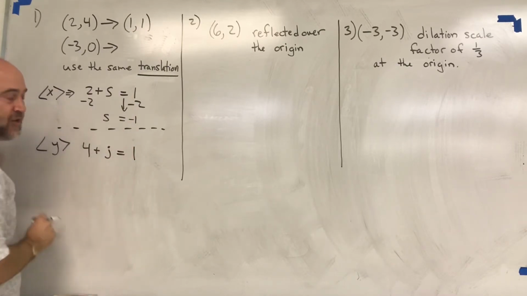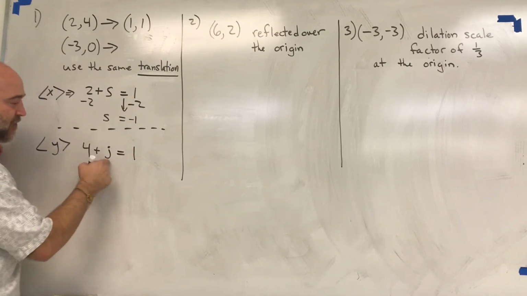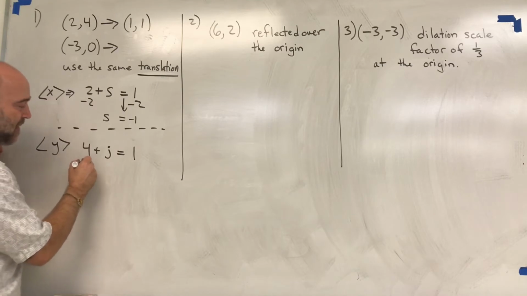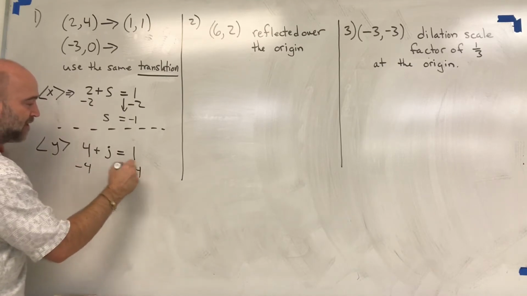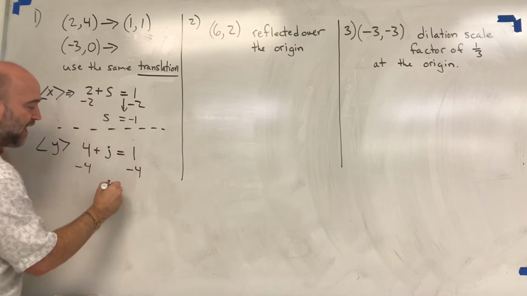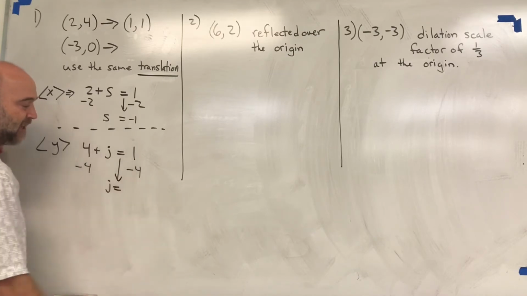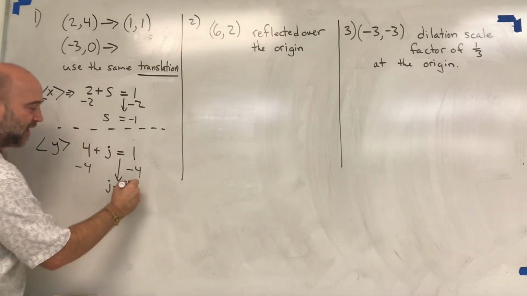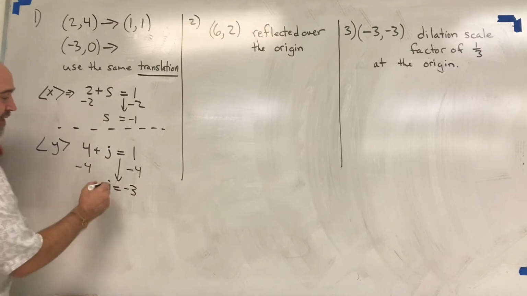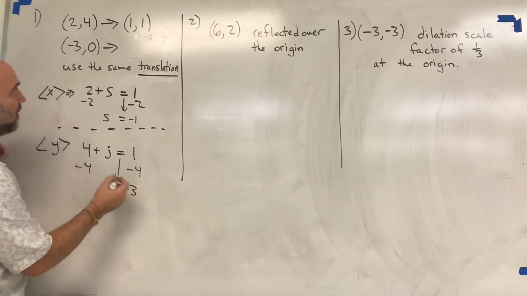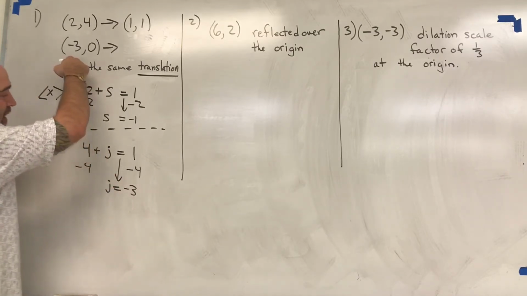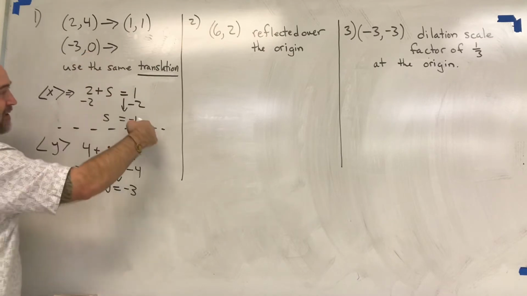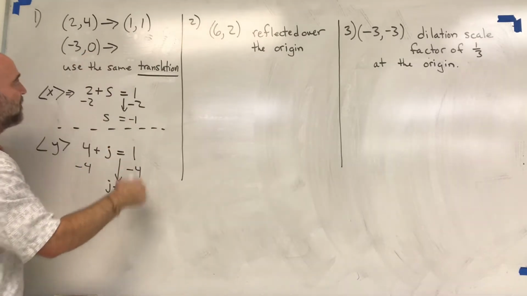So we'll use our reverse operations again to get J by itself. That's a -4, that's a -4, and I get J is equal to, -3. So the change on this one and this one is a -1 and a -3 respectively.